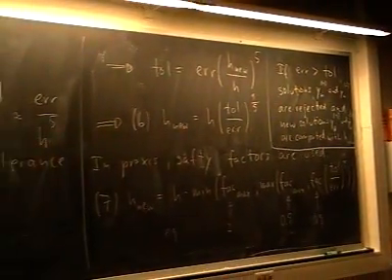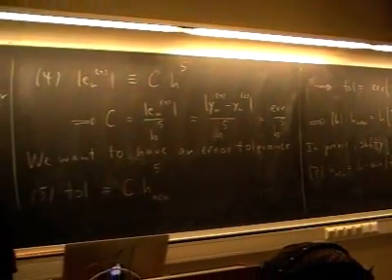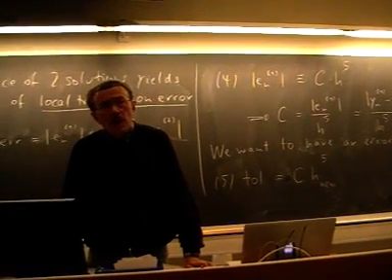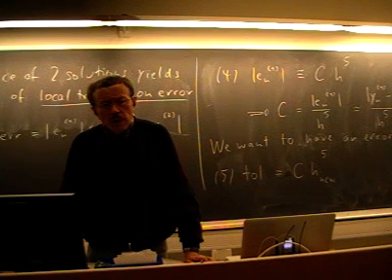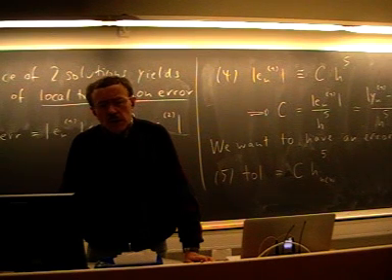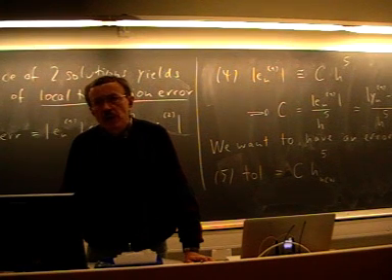Excuse me? Yes? Is the tolerance a fixed number? For ODE45, there is some default. Yes, I tried to find it out. I think it was difficult to find, but I think I found it was the relative tolerance 10 to the minus 3, and the absolute 10 to the minus 6.